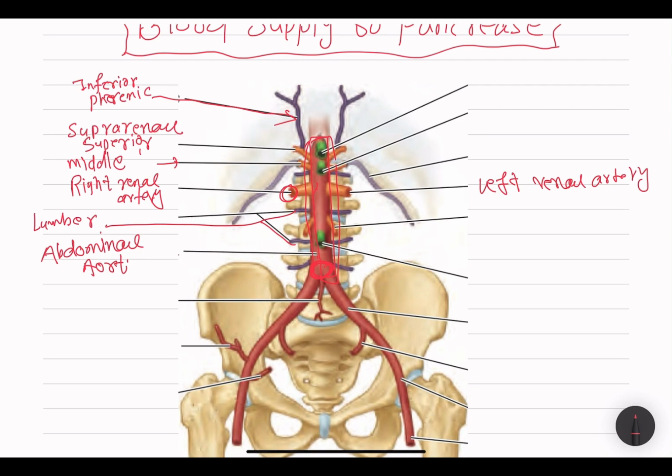This one is very important. Here, this one coming down is the median sacral artery.